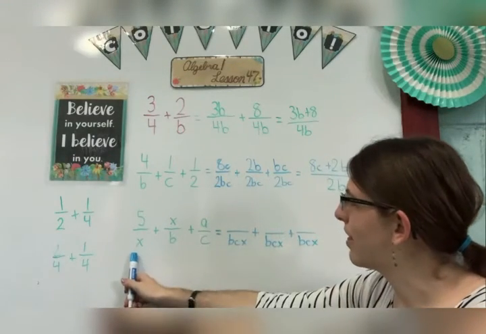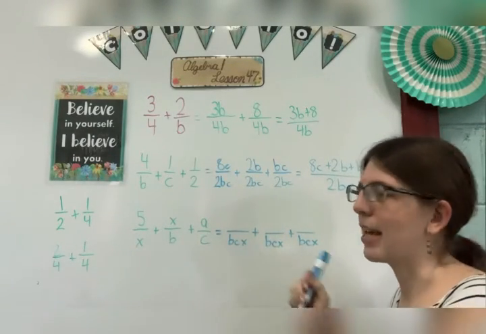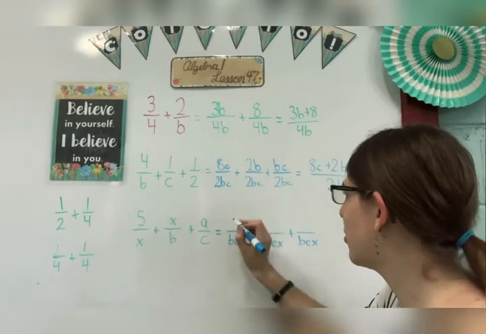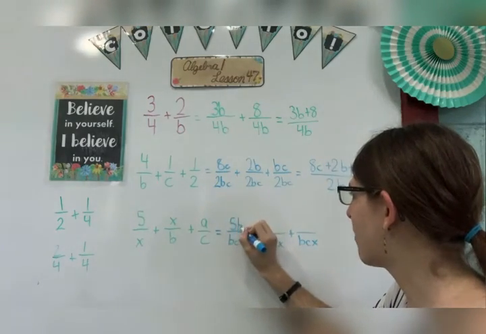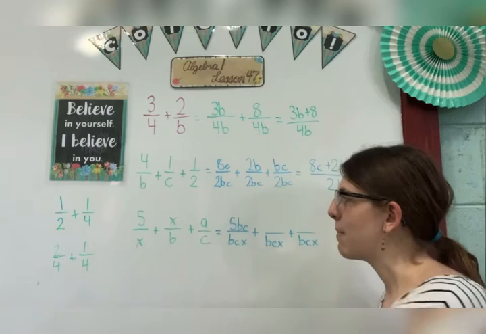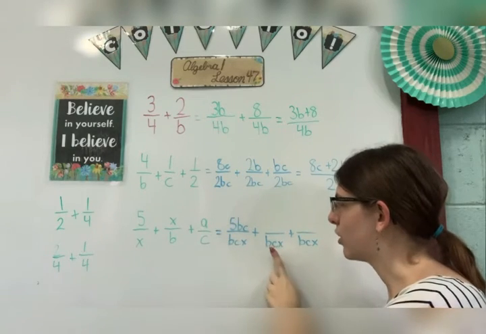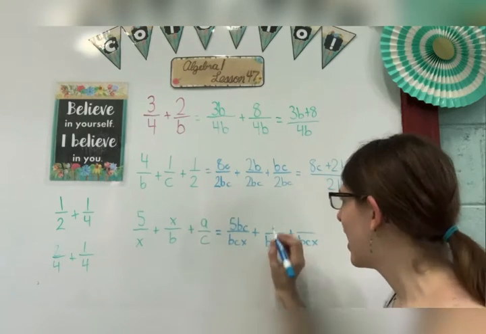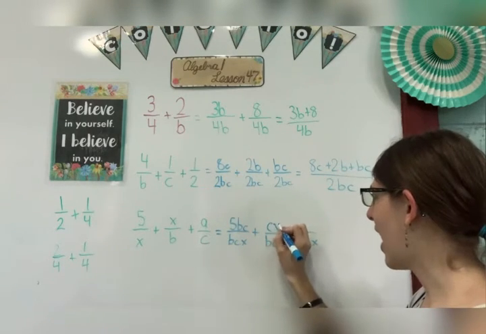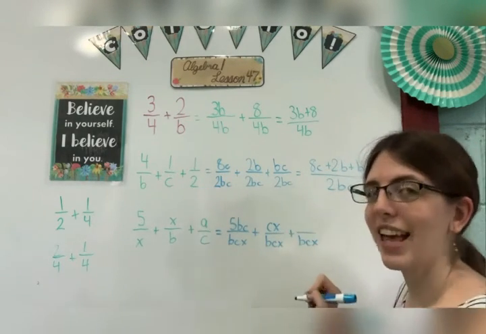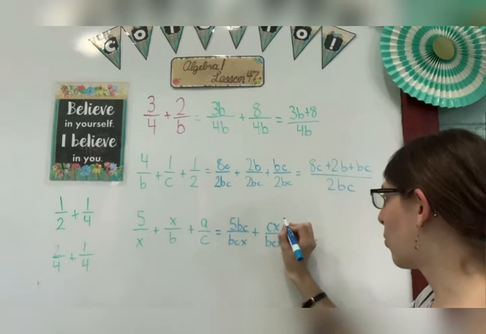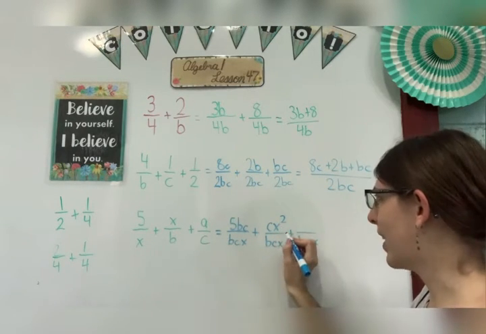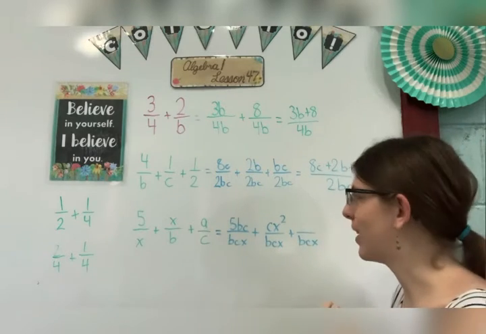So I multiply this X by BC to get BCX. So I multiply my numerator by BC, 5BC. I multiply B by C and X. So X times CX is CX, not CXX, CX squared. Because I have two X's, so I can use my exponent, CX squared.